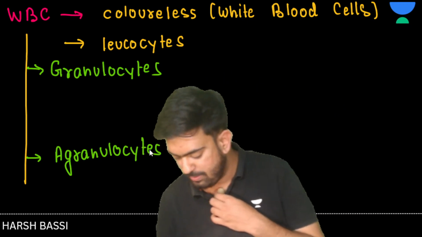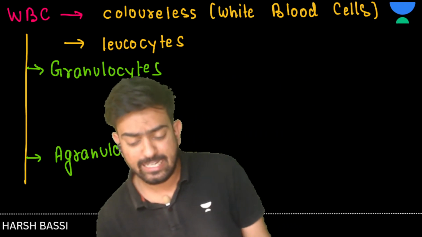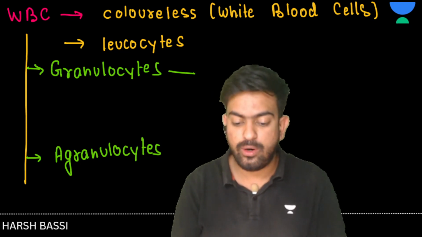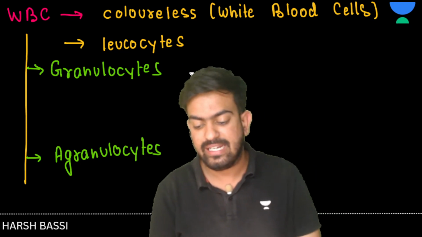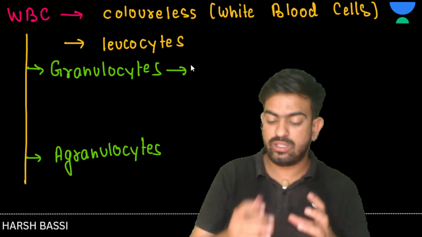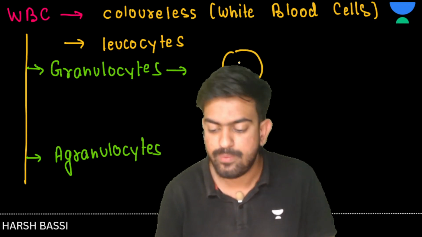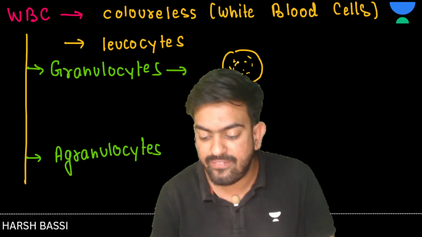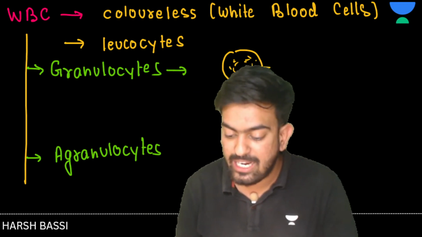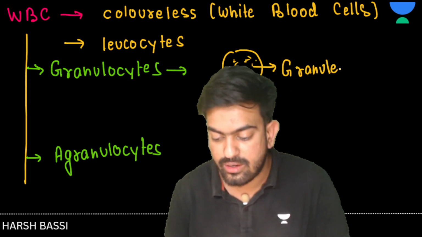The types of WBC are granulocyte and agranulocyte. Why are we calling it a granulocyte? Because when you look at these cells, you will find that they have some granules inside the cytoplasm, and that's why they are known as granulocytes.